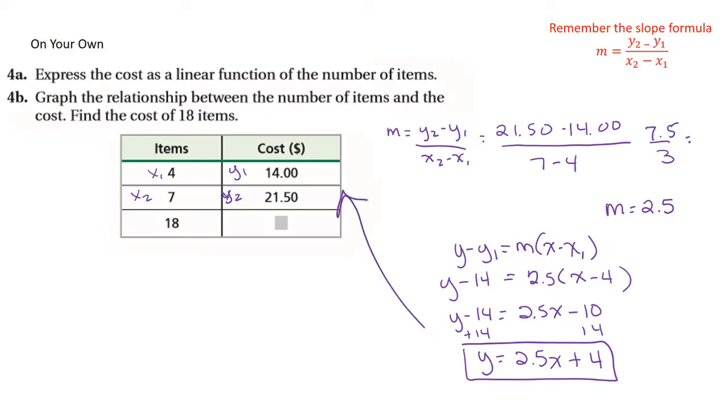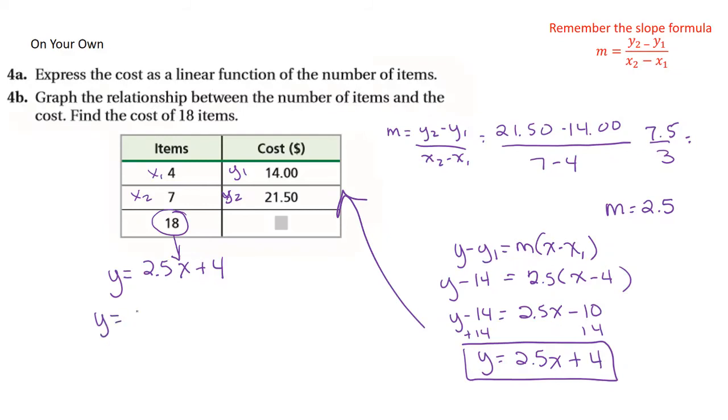So now the rest of it is pretty simple. They just say find the cost of 18 items. So we know what our x is. x is going to be 18. If our function is y equals 2.5x plus 4, all we have to do is fill this 18 into our x.